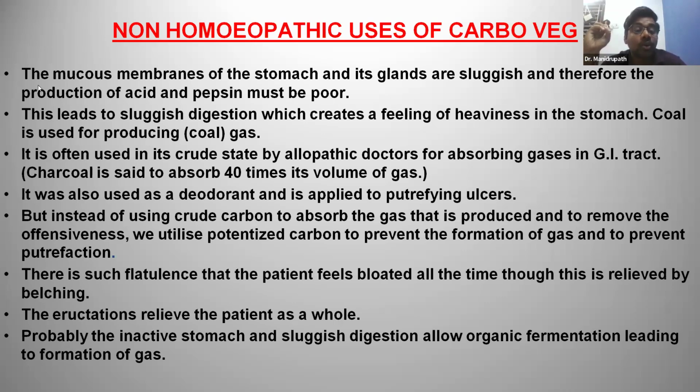It is often used in a crude state by allopathic doctors for absorbing the gases in the GI tract. Charcoal is said to absorb 40 times its volume of gas. Now you understand why Carbo veg is one of the top indications for flatulence or abdominal distension.